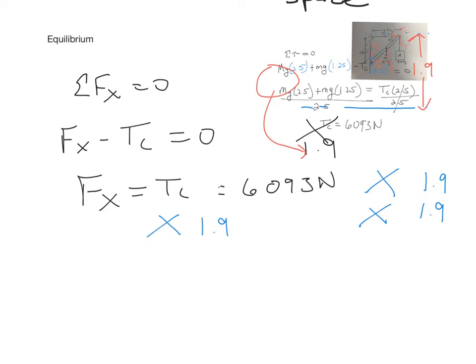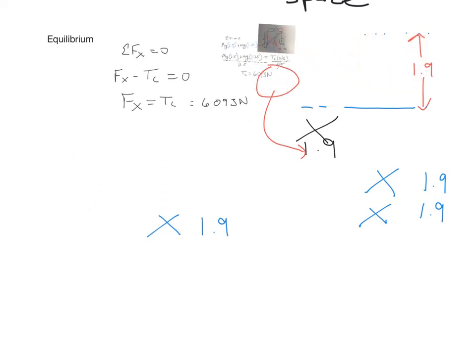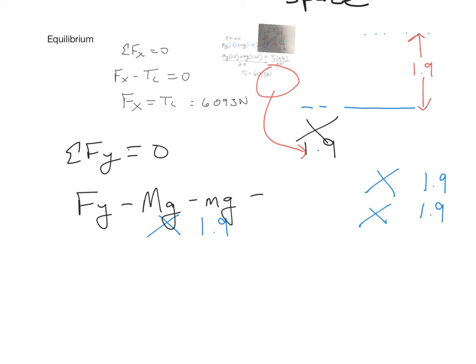The other thing we don't know is the y component. Sum up all the forces in the y. Now my diagram is too small to see, but we have the Fy going up, big mg going down, little mg going down.